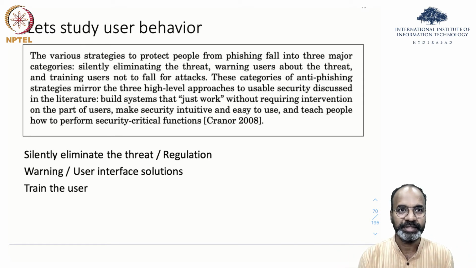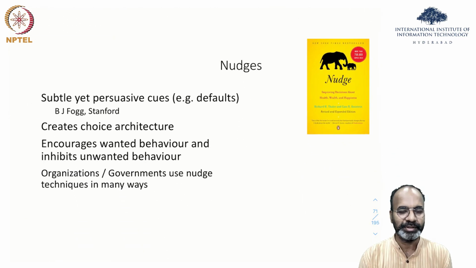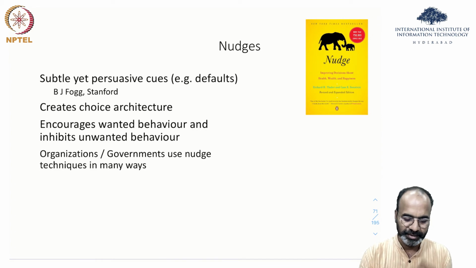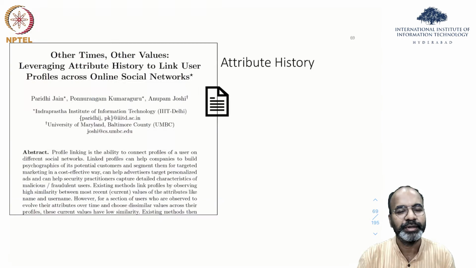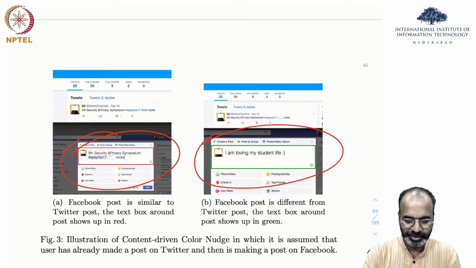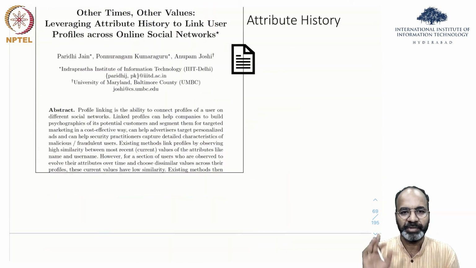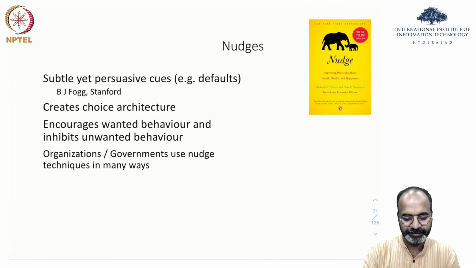Whereas sometimes, on the topic of privacy, you have to keep the users in the loop because they are the ones who are making all these choices. So nudges is an idea where you build this. This is a nudge, just to give you an example. This is a nudge saying that, look, it's red color, it's green color, be careful, go ahead and do it.